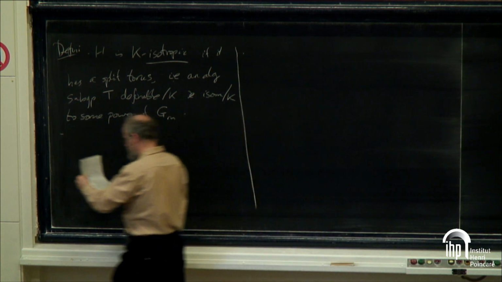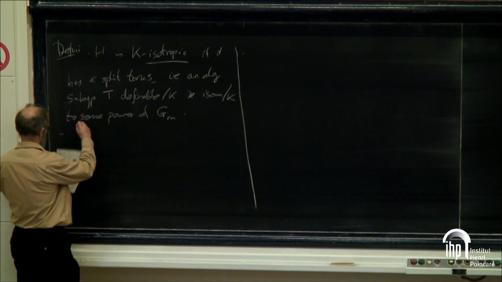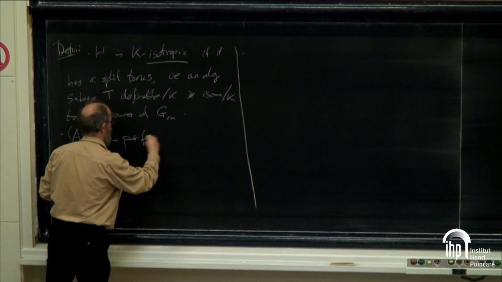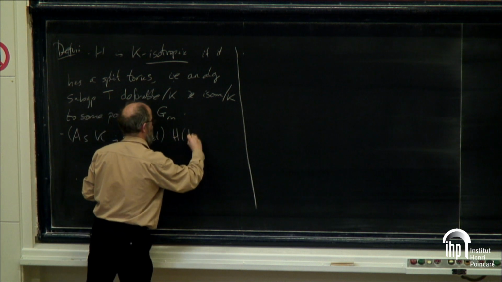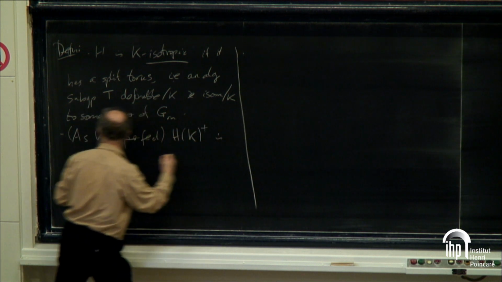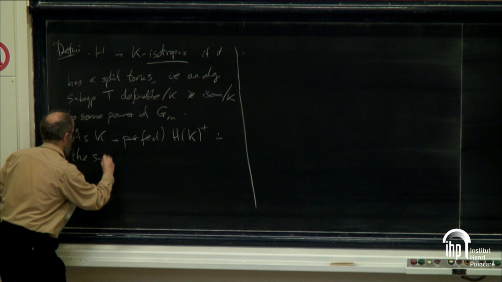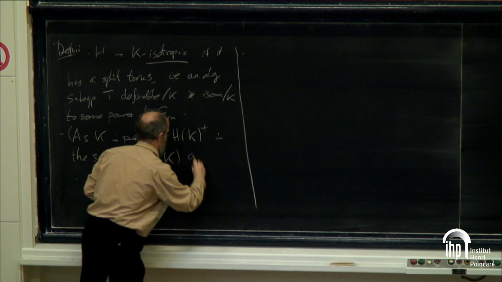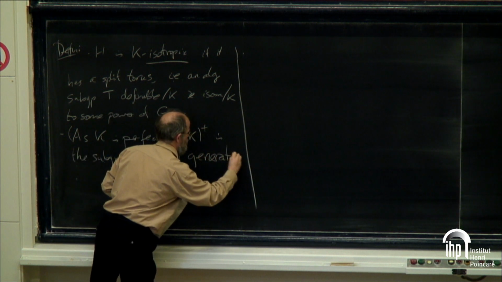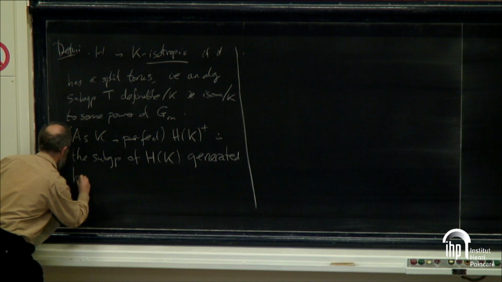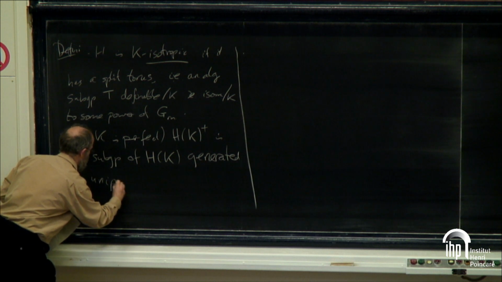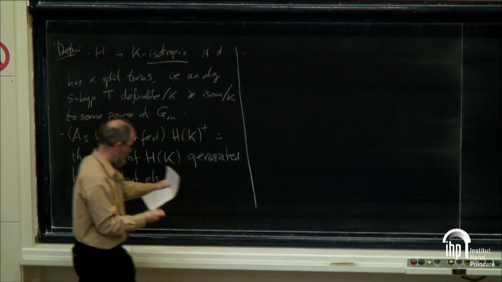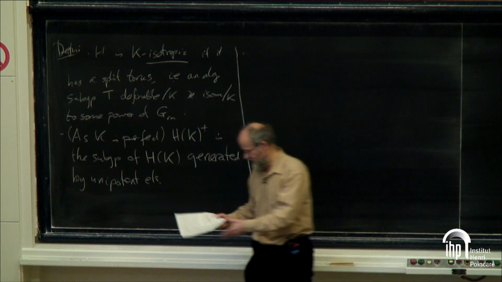We're dealing with perfect fields, so as K is perfect, H of K plus we can take as being defined to be the subgroup of H of K generated by unipotent elements, so 1 plus nilpotent.